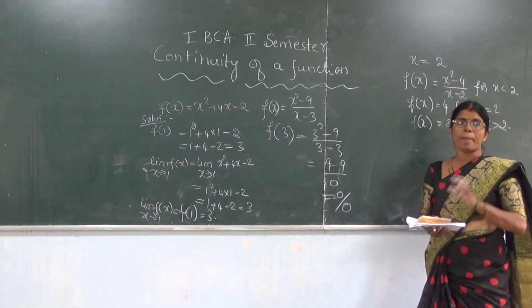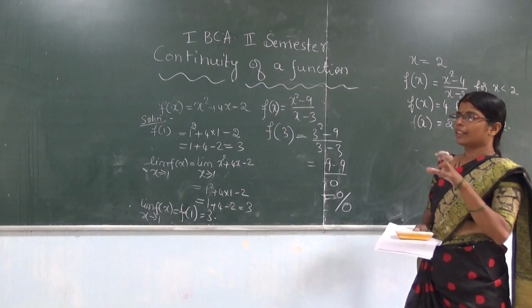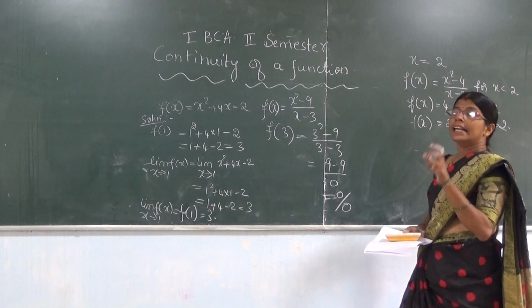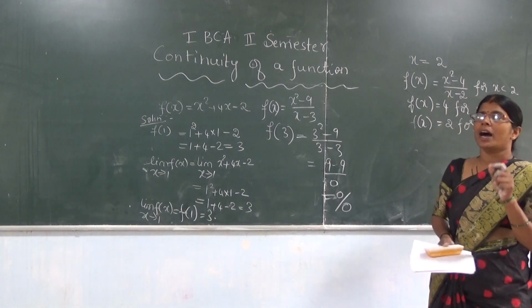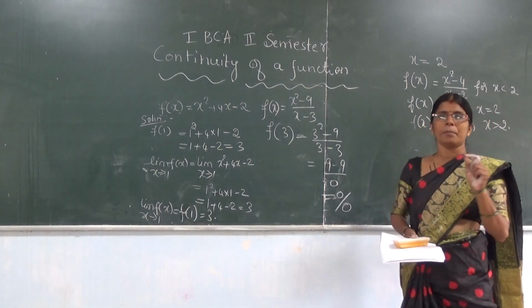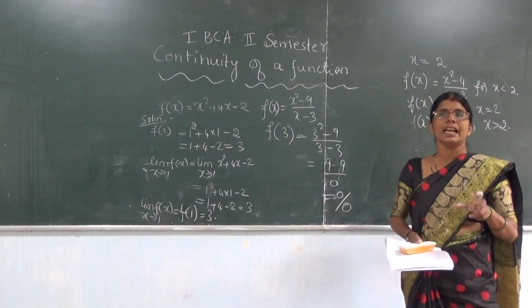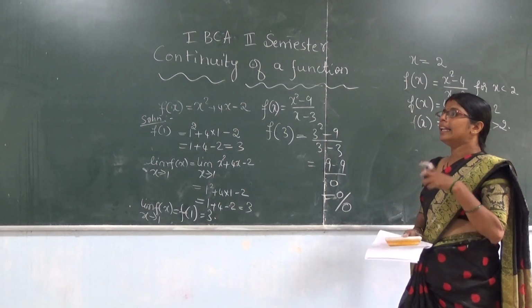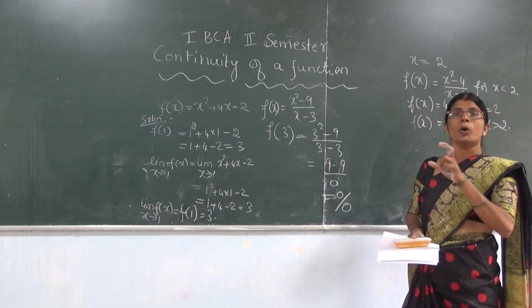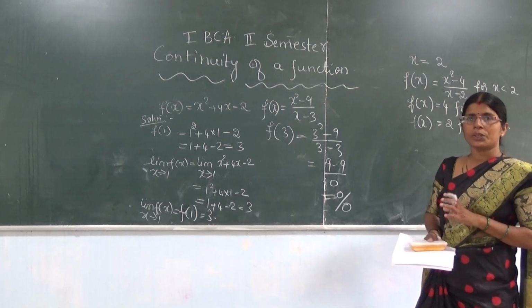So this is about the topic of continuous functions. When you say that a function is continuous, suppose there exists a function f of x, then if you consider one particular point x is equal to a, if f of a exists and it is a definite and finite number, and the limit of that function as x tends to a exists, and both are equal, then we say that the function is continuous at x is equal to a.